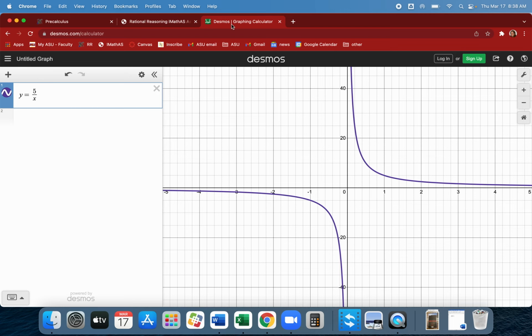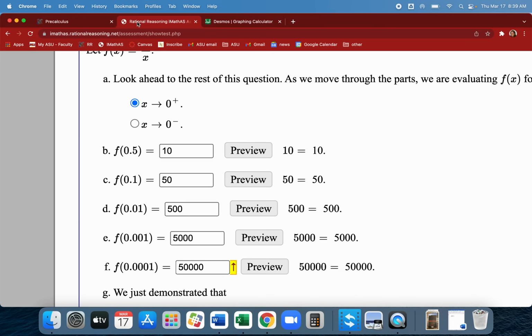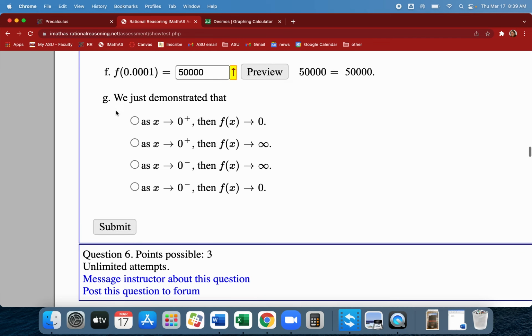F of x approaches positive infinity. On the other hand, if I approach 0, but am to the left of 0, approach 0 from the left, or use values that are 0 minus a little bit, that's talking about, there we go.